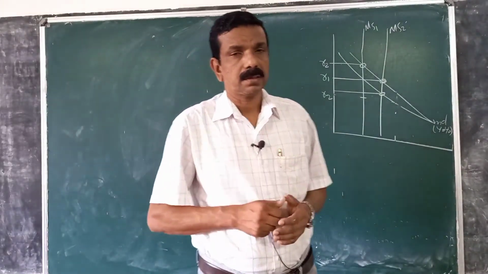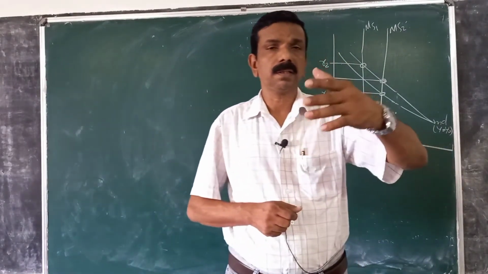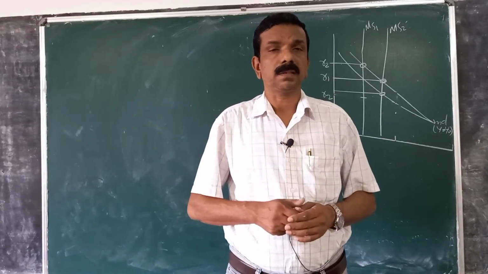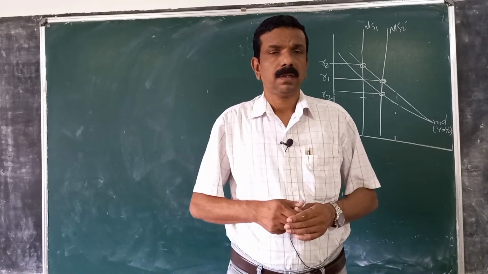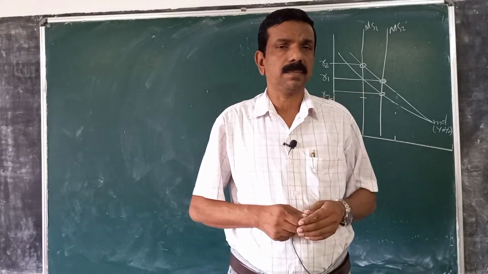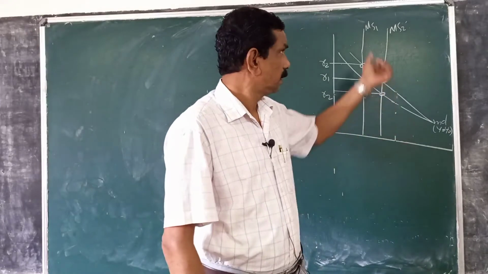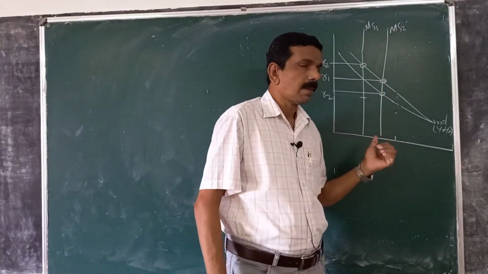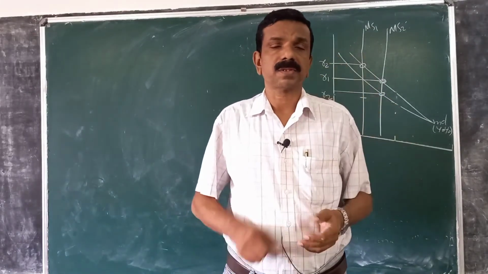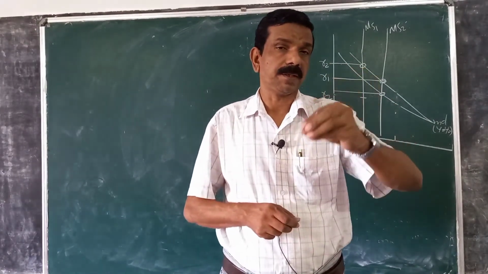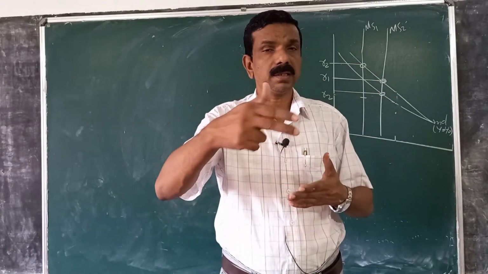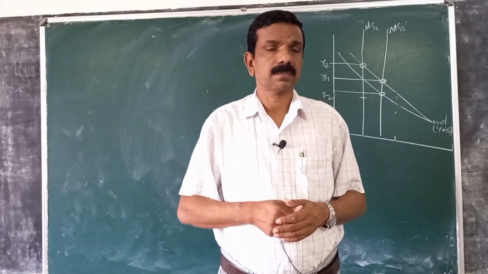The reason is, when the income increases, transaction demand for money increases. And with the increase in the transaction demand, with the money supply held constant, people will be forced to sell their bonds to obtain money. So the supply of bonds increases relative to the demand for bonds.